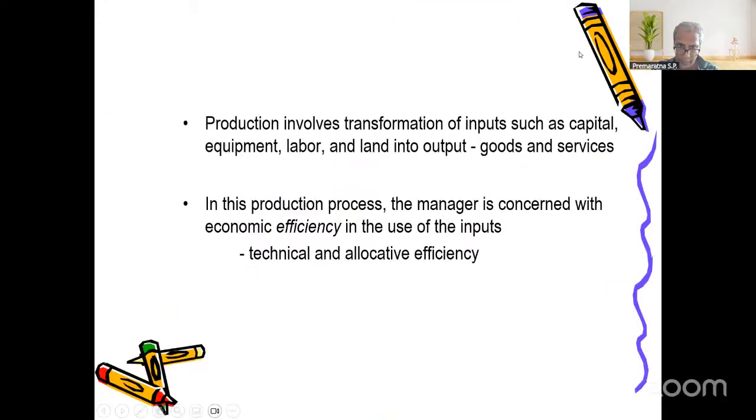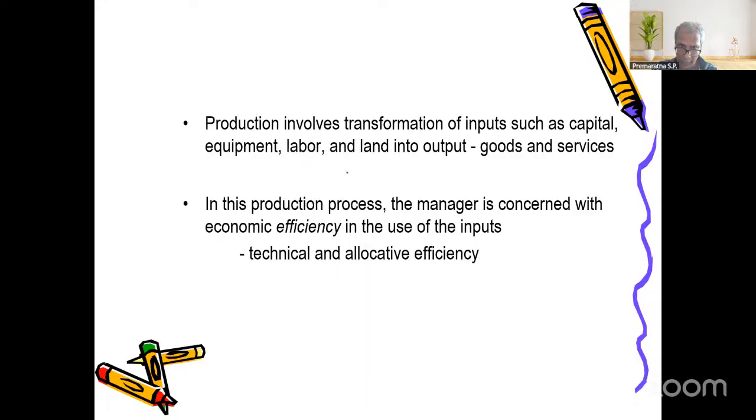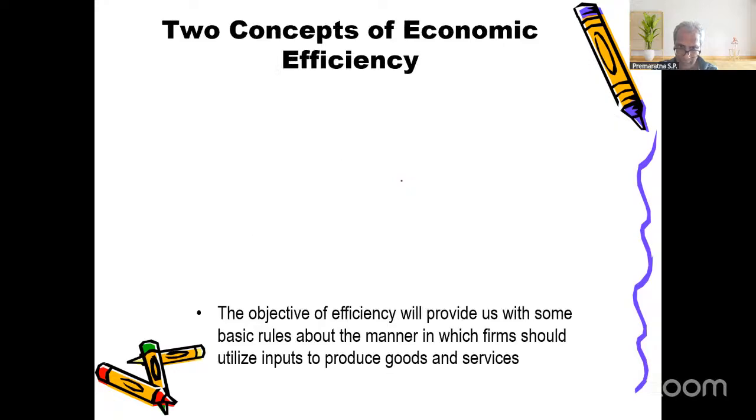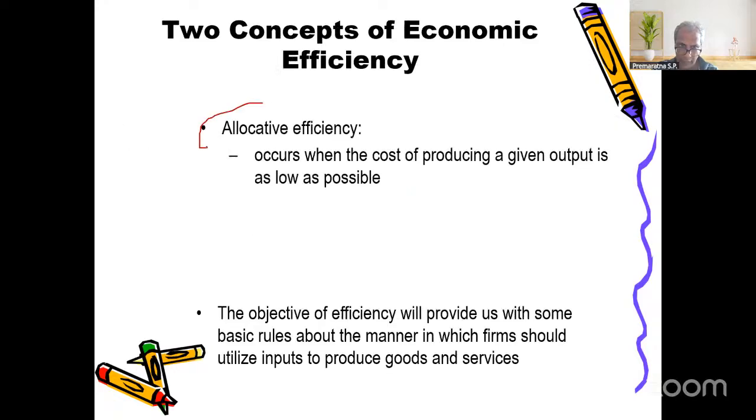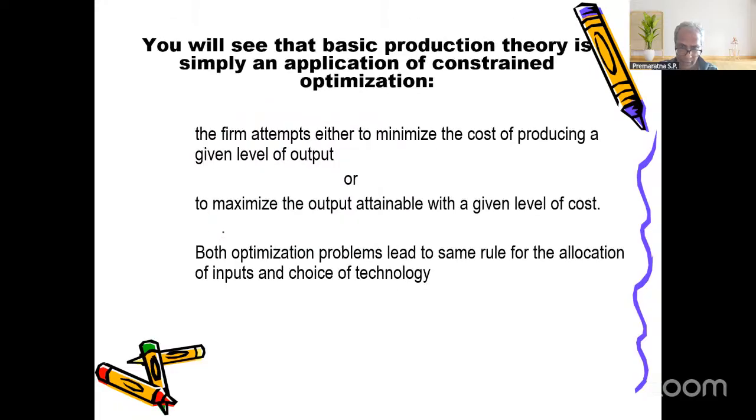So we start with economic efficiency, which has two components, technical efficiency and allocative efficiency. Those things we discuss in terms of the examination. I can ask a question related to economic efficiency. There, you have to look at how to get the allocative efficiency and technological efficiency.